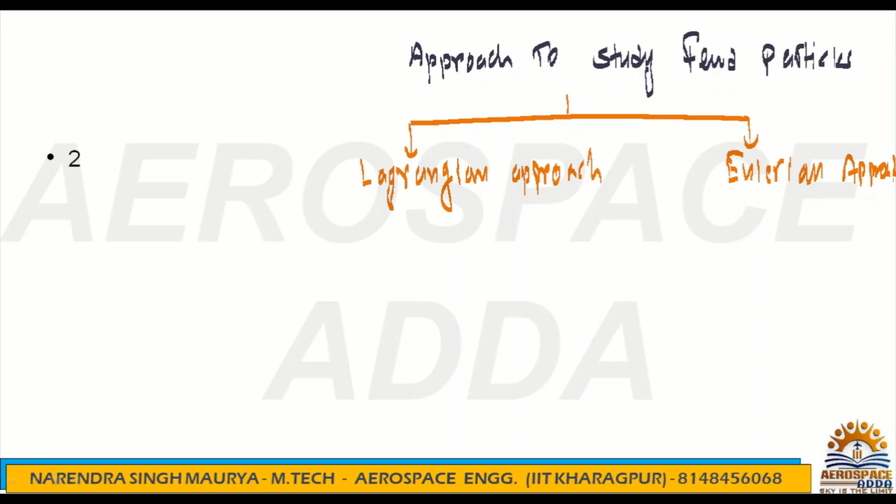In the same way, think about the Lagrangian approach and the Eulerian approach. The policeman sitting behind the biker and asking for documents is the Lagrangian approach. The Eulerian approach means the policeman is standing at one point, and all the bikers and vehicles come there and he says stop bike, stop car, show your documents. That is the Eulerian approach.